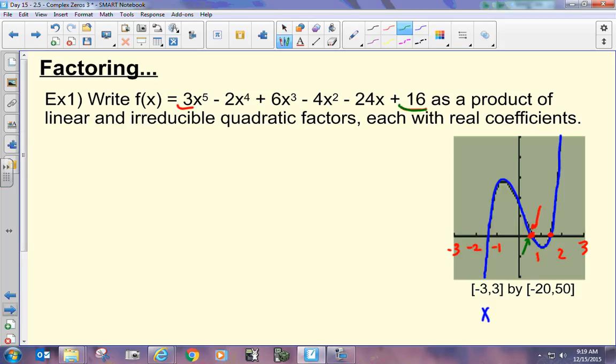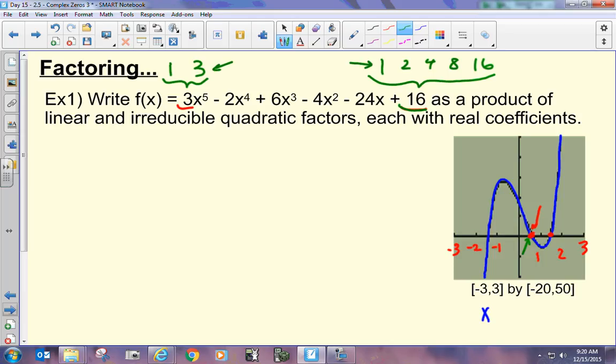The products of this are 1 times 16, 2 times 8, and just 4 times 4, right? What are the factors of 3? 1 times 3. Remember, it's the factors of the last over the factors of the first.